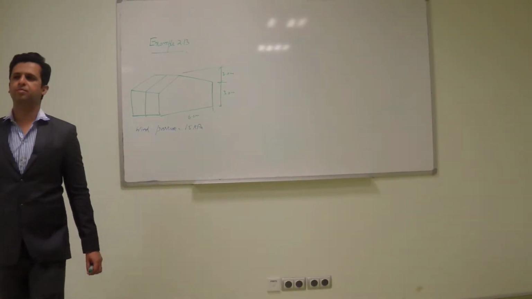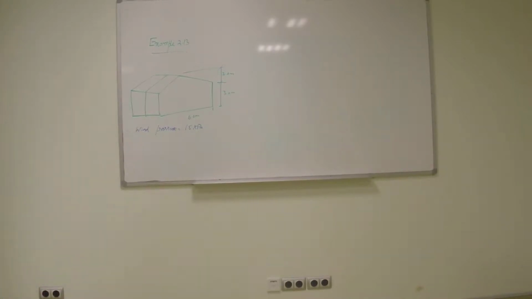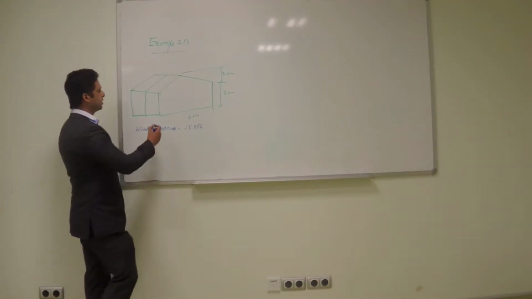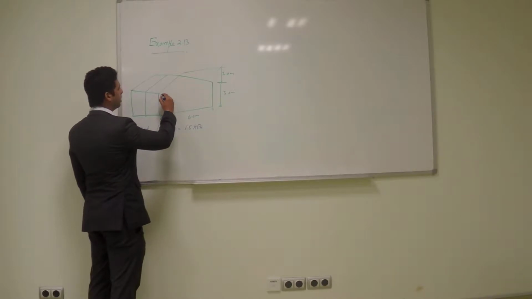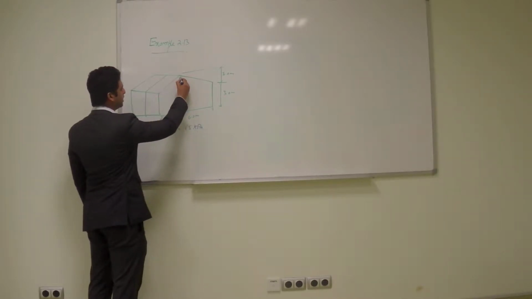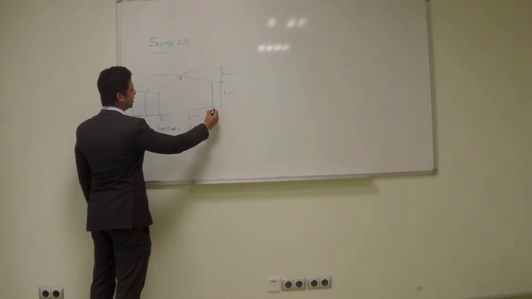Determine the horizontal and vertical components of reaction at the pin connections A, B, and C of the supporting gable arch. A, B, C. B is the gable here. Yeah, B at the top.